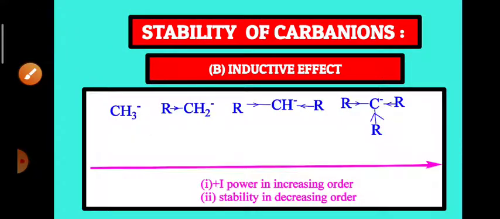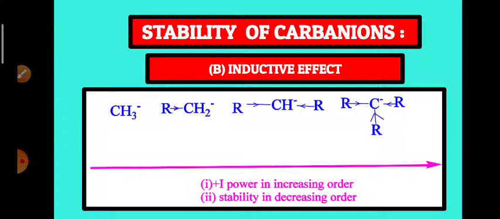And we know very well that an alkyl group is a plus I group. In the carbanion, stability decreases with the increase in the plus I power. No? So that means when the number of alkyl groups increases, plus I power increases. As a result, stability decreases.